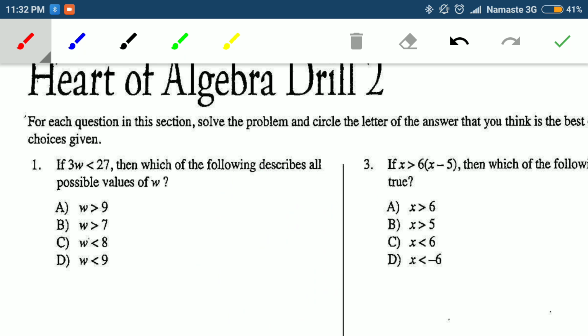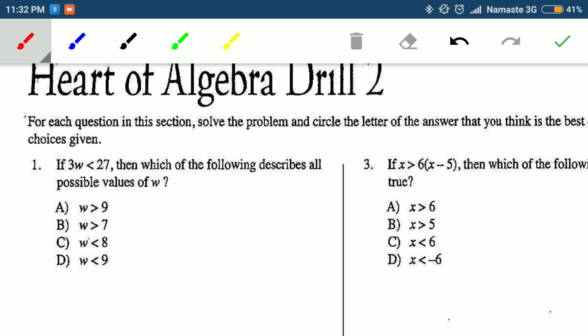Let's begin from question 1. Here we have 3w is less than 27. Which of the following describes all possible values of w? This is simply a problem of solving an inequality. We need to derive the value for a single variable w.